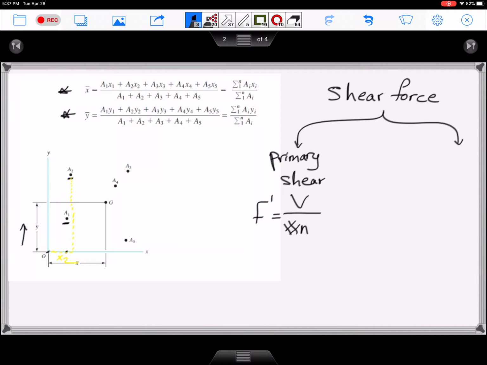The second one is called the secondary shear, and it's governed by this formula.